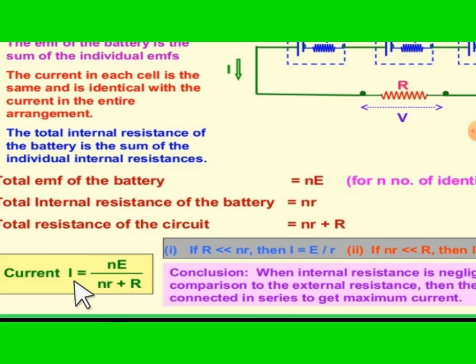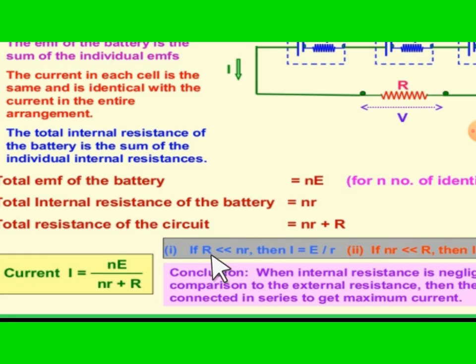So we need to see whether this current depends upon the number of cells. If it depends upon the number of cells, then that condition will be profitable. Now I'm going to tell you that condition. Suppose, let's take a situation that this external resistance is very much less than the sum of the internal resistances of those cells. That means if your R is very much less than the total internal resistance NR, then what happened?